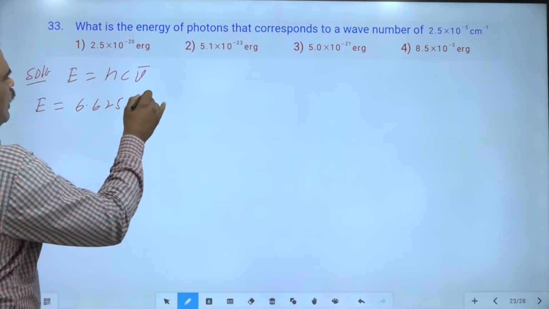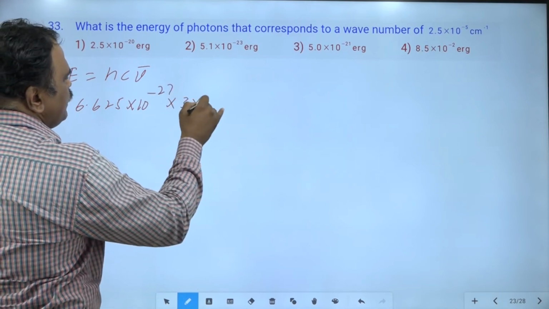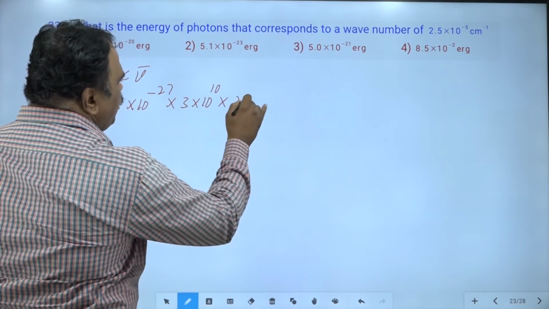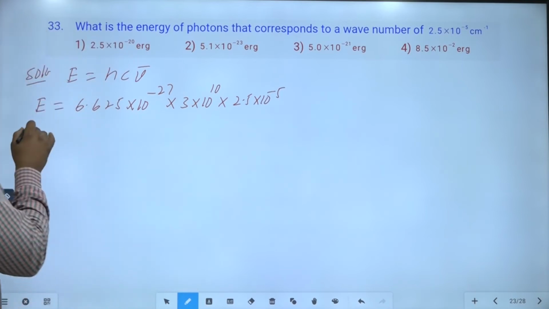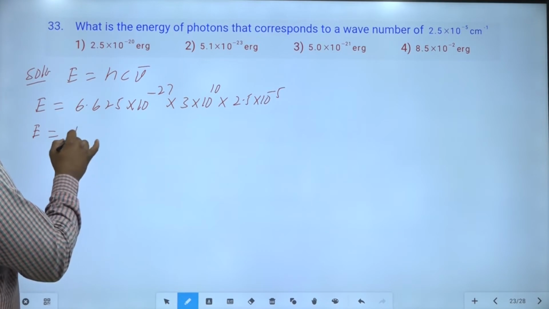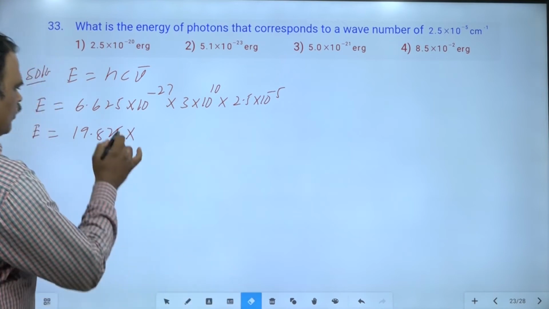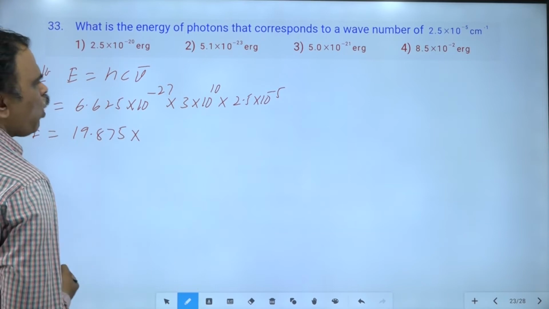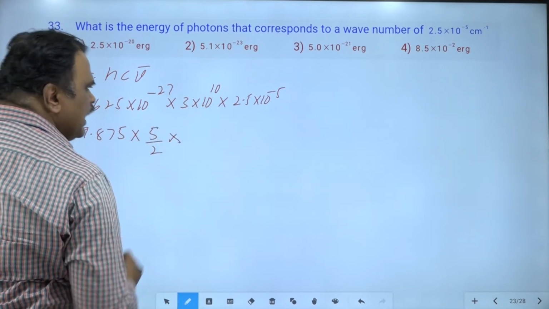So E is equal to 6.625 into 10 power minus 27 into 3 into 10 power 10 into the wave number, which is given as 2.5 into 10 power minus 5. Now, energy is equal to the product of 6.625 into 3, which is 19.875. 2.5 can be written as 5 by 2 for easy calculation.